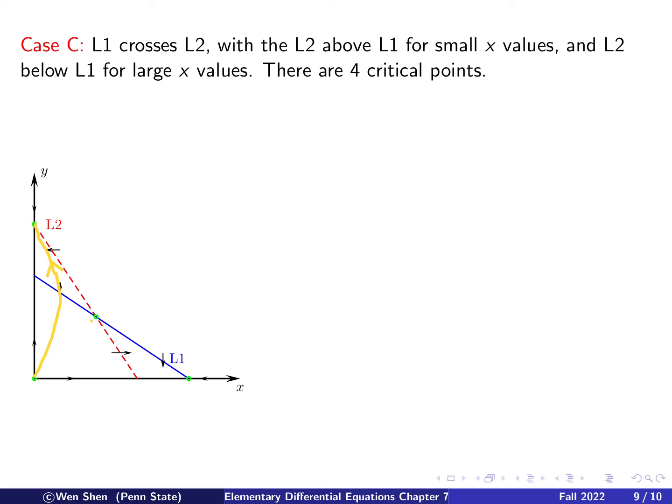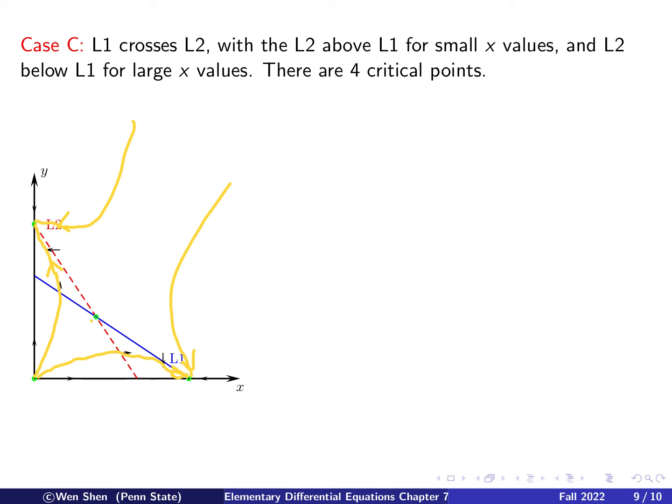Okay, and the solution down here would go towards this point, and the solution nearby here will go towards this point, and the solution nearby here will go towards that point.